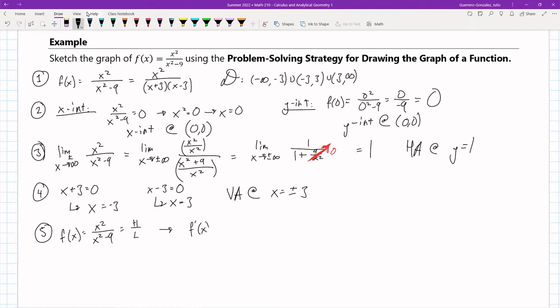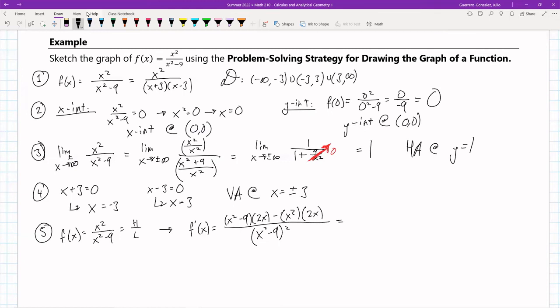F prime of x is going to be the low, x squared minus 9, times d high, so 2x, minus high, that's x squared, times d low, 2x, all over the bottom squared, x squared minus 9 squared. Let's go ahead and try to simplify this a little bit.